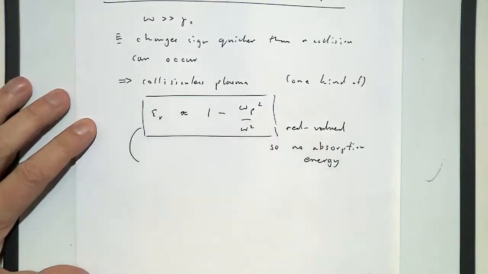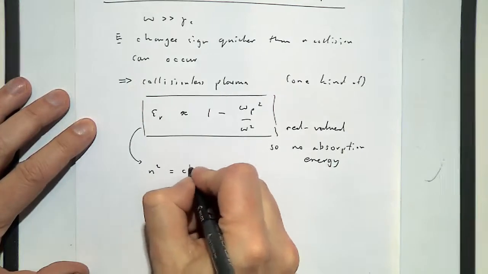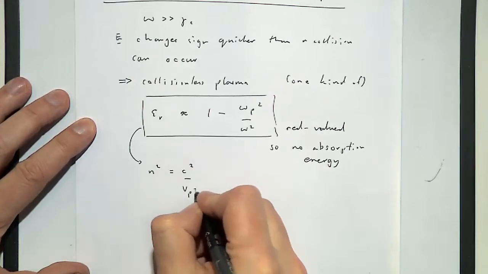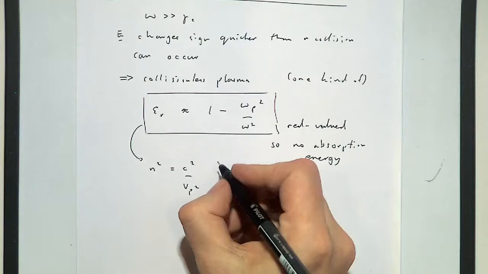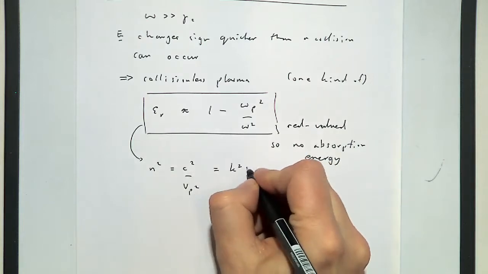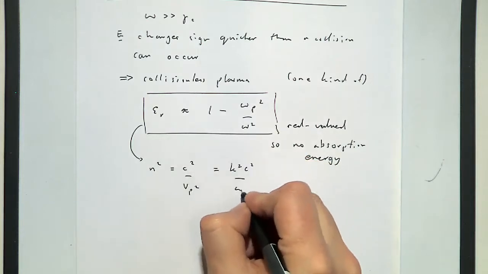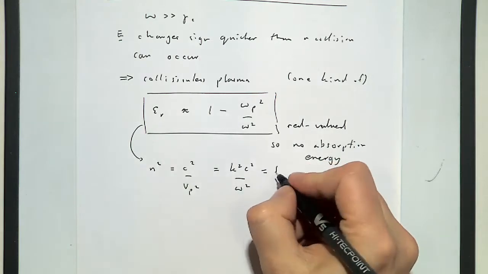We can write that down equivalently in terms of the refractive index, and we remember that the refractive index can be expressed in relation to the speed of light. And we can therefore relate the wave number to the permittivity, which is on the right hand side.